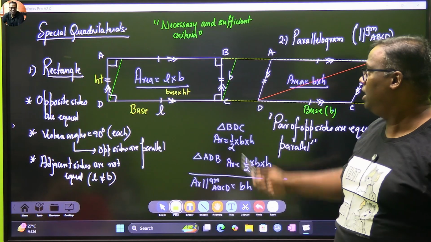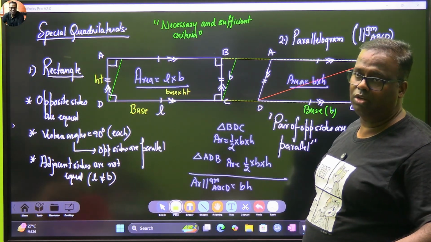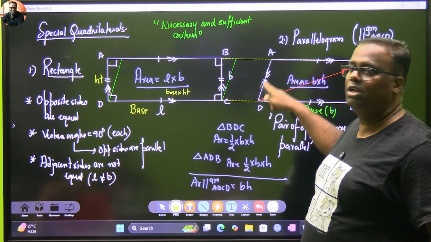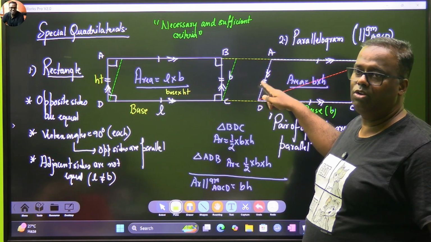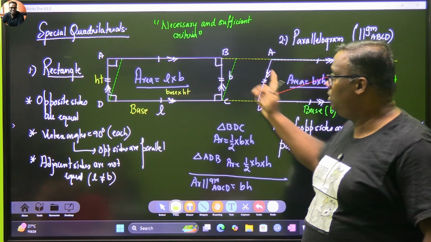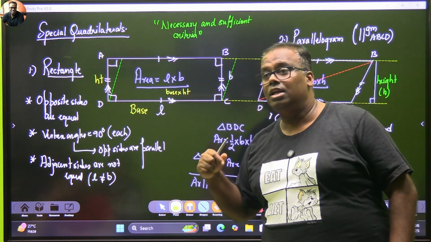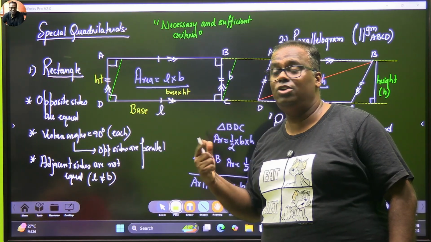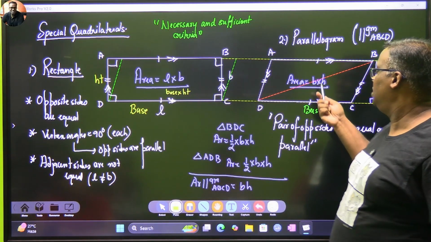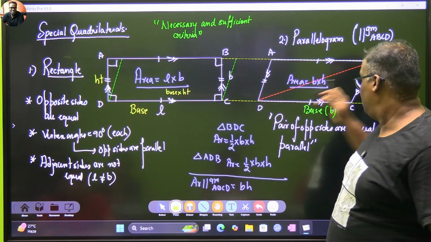Because the way you say width, width is a measurement which is perpendicular across the length. This is not perpendicular. They cannot give the same formula. You can't use L into B out here. B into H is applicable. L into B is not applicable here. Look at the area out here, B into H. You are not using this one. You are using this one.